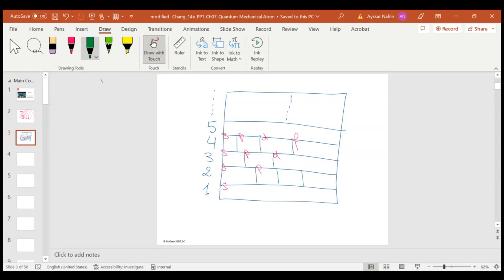S is always 1. P has got 3 compartments. D has got 5, 1, 2, 3, 4, and 5. F is 7, 1, 2, 3, 4, 5, 6, and 7.